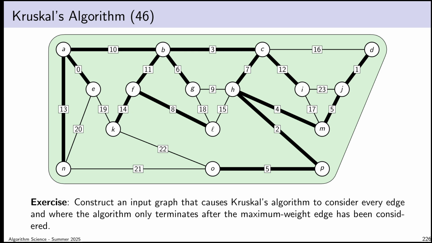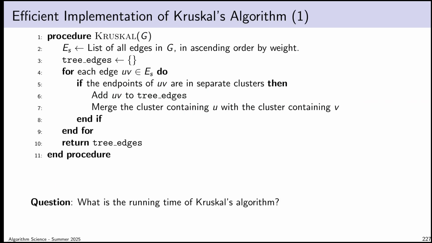So construct an input graph such that Kruskal's algorithm must consider every single edge, and the algorithm cannot terminate until after every edge has been considered, so it can't bail out early. Although that's nice if it happens, we can show that it's not something you can guarantee. That is, there are graphs where the maximum weight edge must be in the minimum weight spanning tree. We, in fact, saw one some ridiculous amount of time ago, like an hour and a half ago. I actually sketched one out.